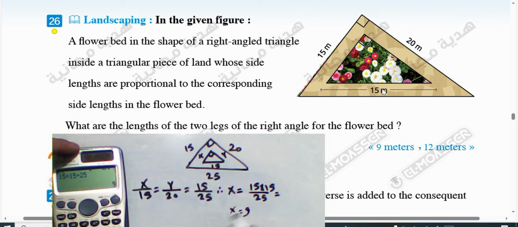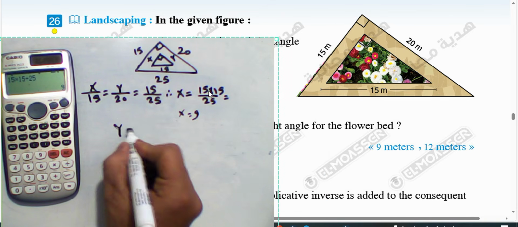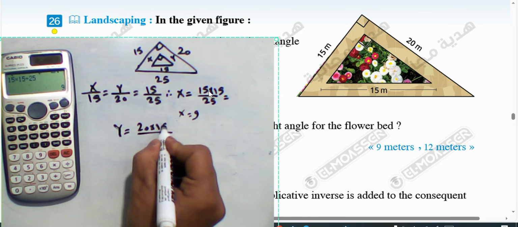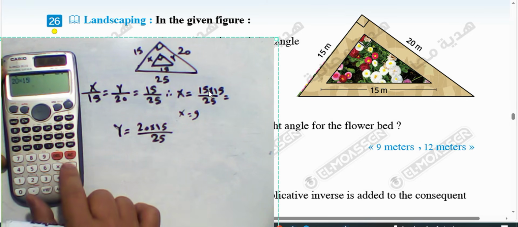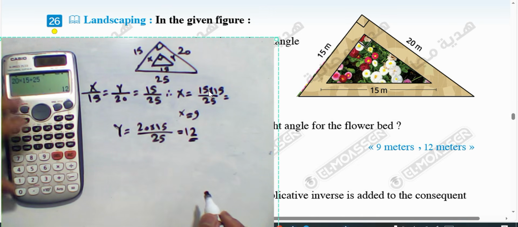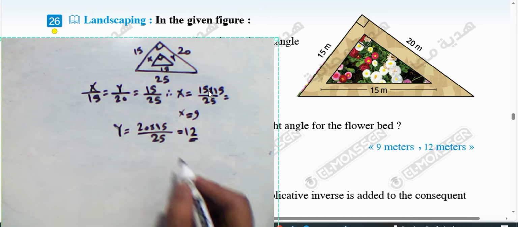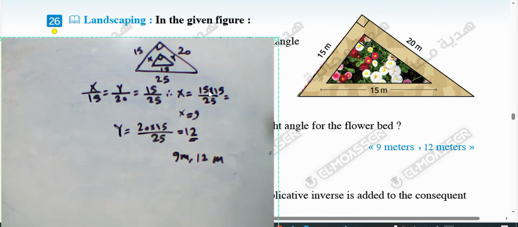Then x will be 9. And y equals 20 times 15 over 25 equals 12. Then the two dimensions will be 9 meters and 12 meters.